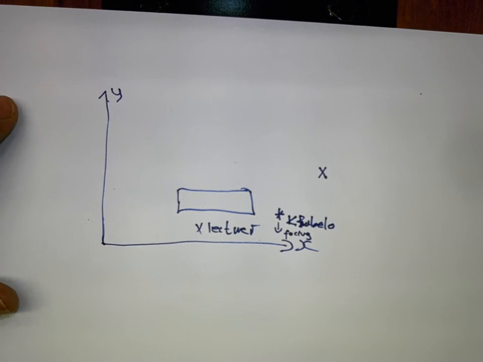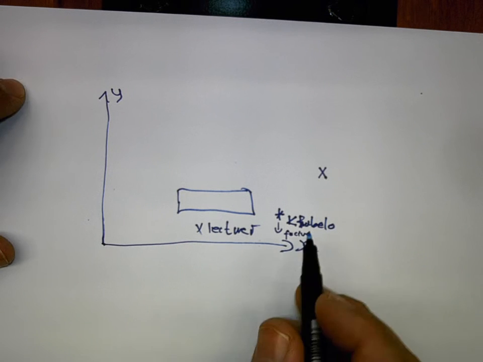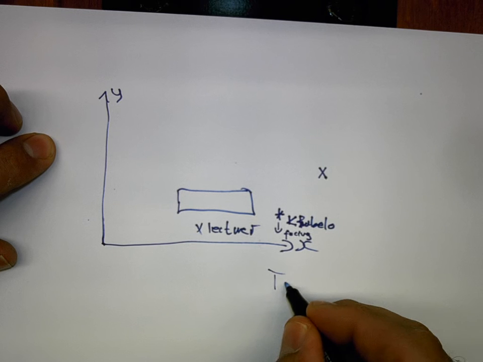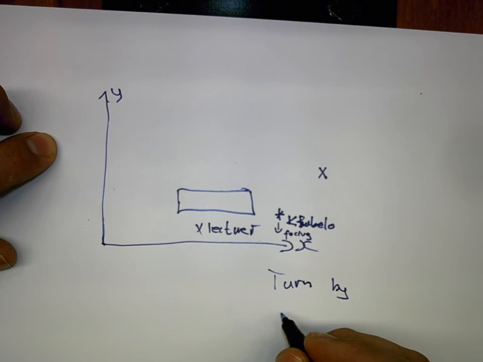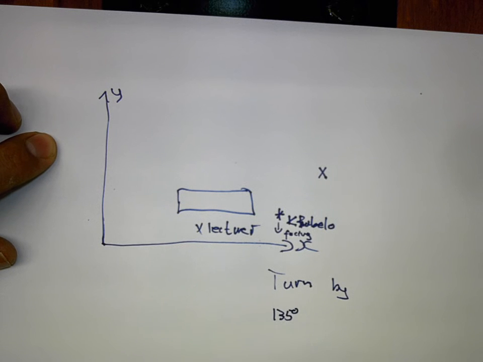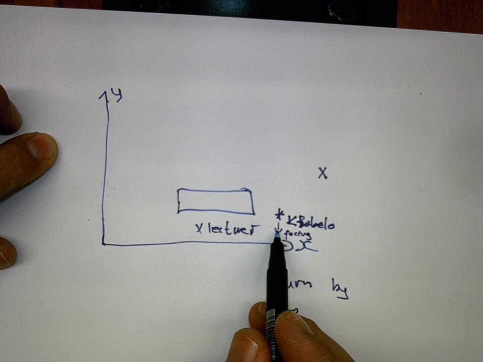Elias combined the 2, but in essence what he had to do is first tell Cabello to turn by, in this case it wasn't just 90 degrees, it was more like 135 degrees. But he also had to tell Cabello in what direction to turn.